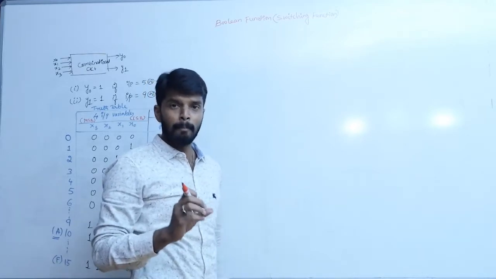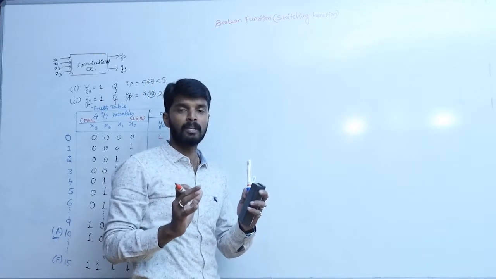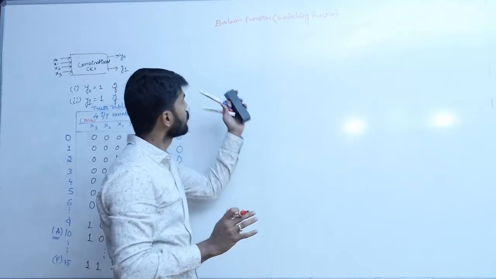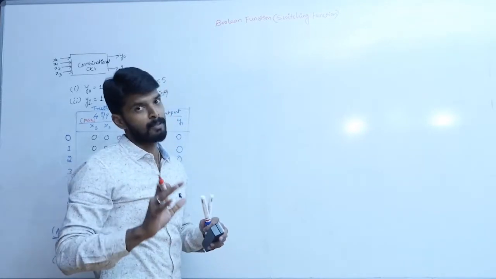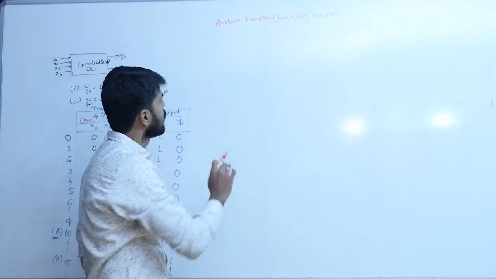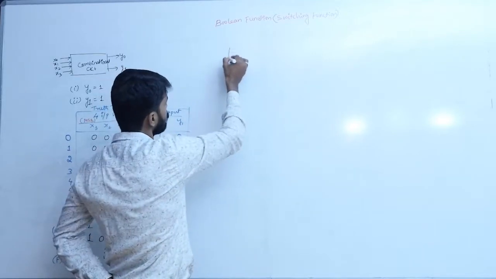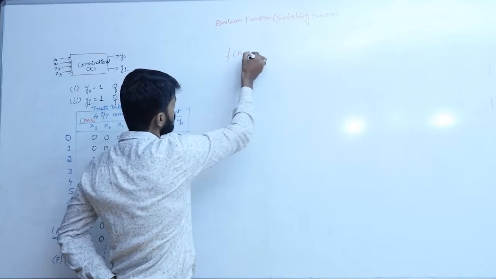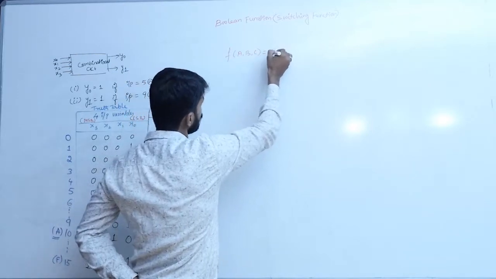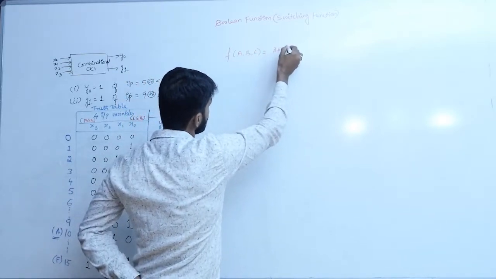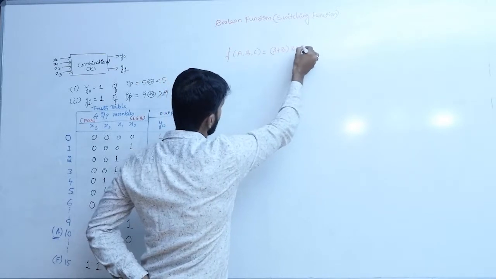I mean to say, by connecting the Boolean variables with the Boolean operations, we can construct any Boolean function or Boolean expression. If I take one example, f of a, b, c equals (a plus b) into (b plus a bar).